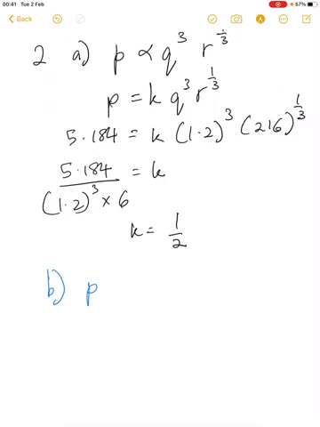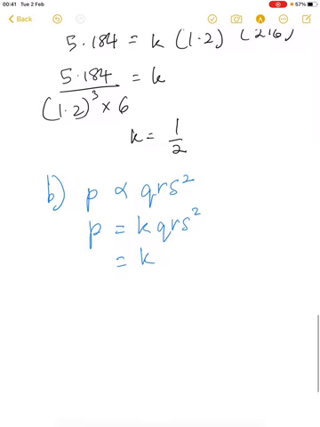P varies directly as Q, R and the square of S. So P equals to K Q R S squared. So the K is P over Q R S squared.